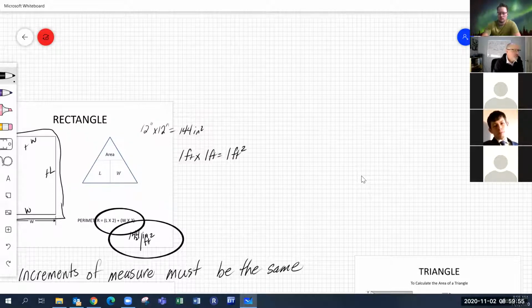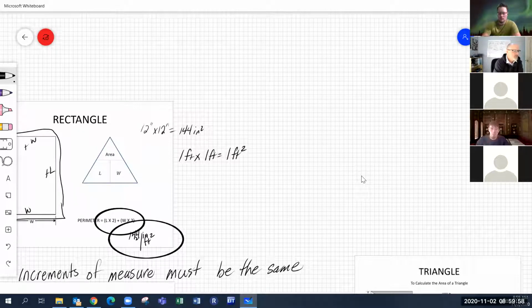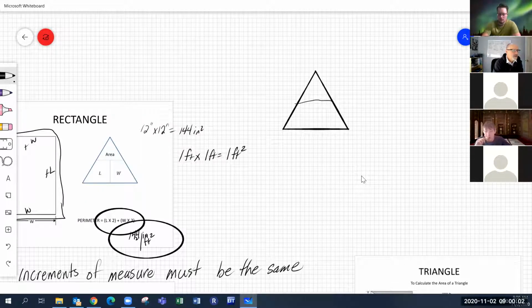Using the formula where the area is equal to pi times the radius squared, I'm going to say the OD of a pipe. Does everybody know what OD means? OD means outside diameter. ID is inside diameter.